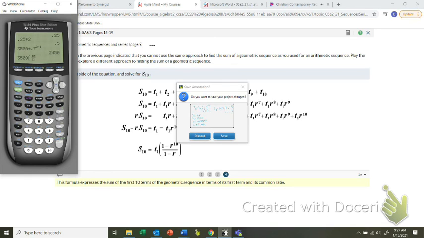What is it? 1 minus 0.7 to the 10th power. And what's on the bottom? 1 minus 0.7. Thank you very much. Now, you have to close that parentheses all the way over. You should get $11,337.11.